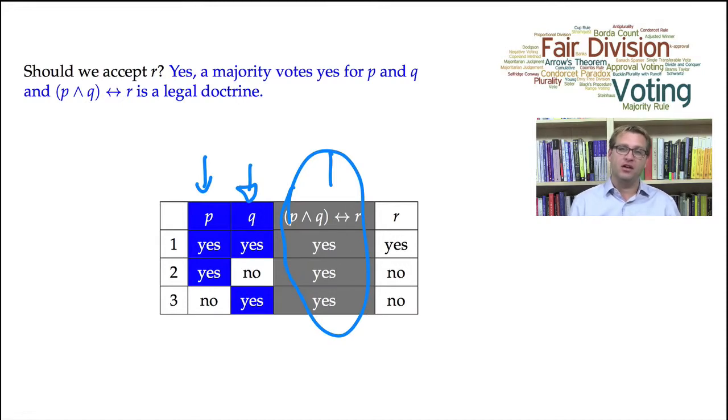One way is to take a conclusion-based approach and just simply ask, what do the judges think of the proposition R? What's their opinion about the proposition R? The second way is to take a premise-based approach and ask, what do the judges think about each of the premises or the components of R? They ask them about P and ask them about Q. Based on that, it seems like the answer should be yes.